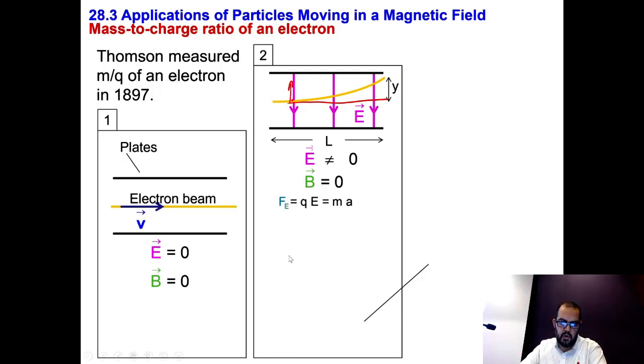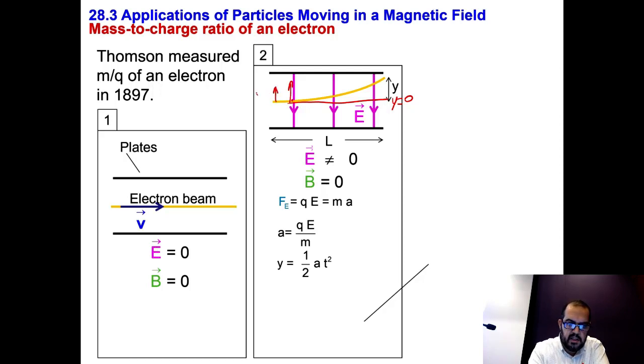So force is equal to qE is equal to ma. We can determine the acceleration, and since we determine the acceleration, we can determine the deflection y. y is equal to y0 plus v0t plus 1/2 at squared. Let's assume y0 is 0 here in the middle of the screen, and the initial velocity in the y direction, v0y, is 0.